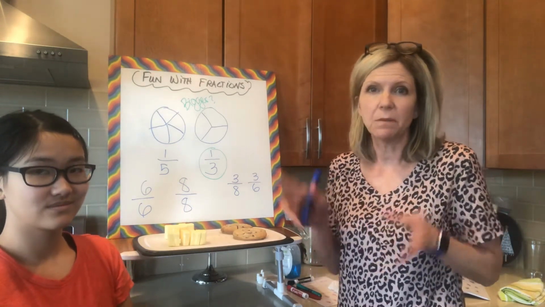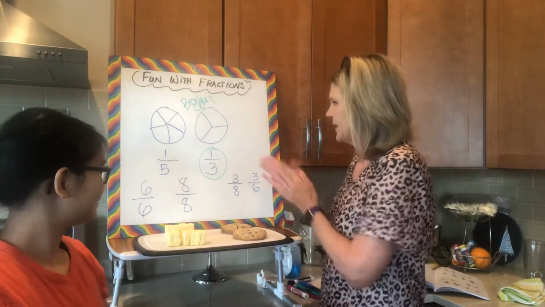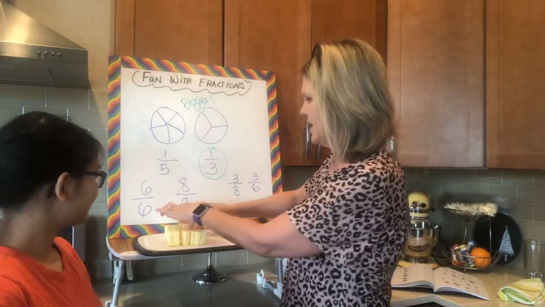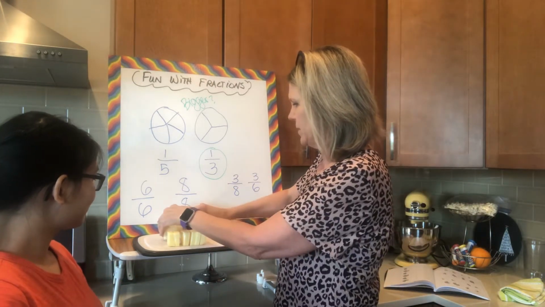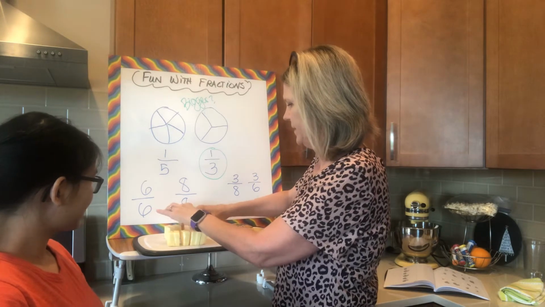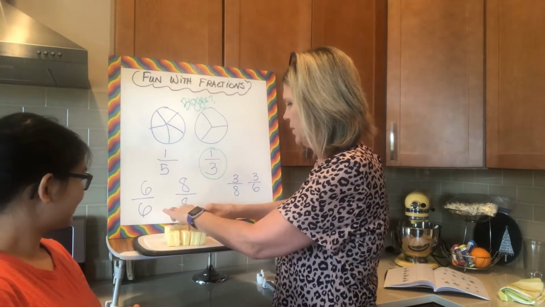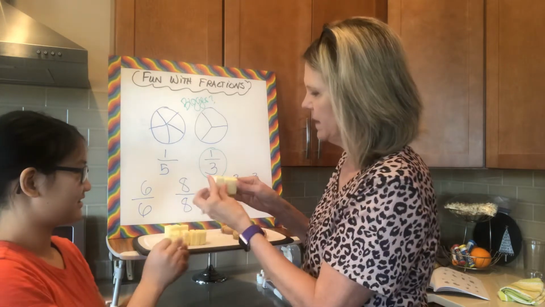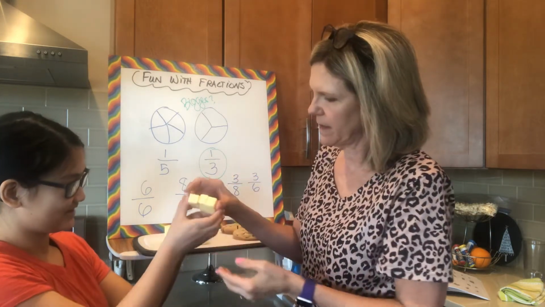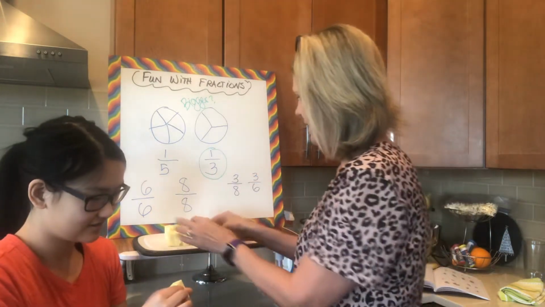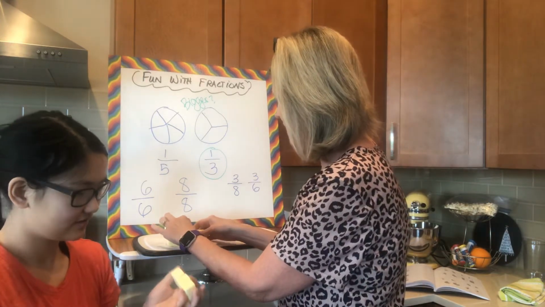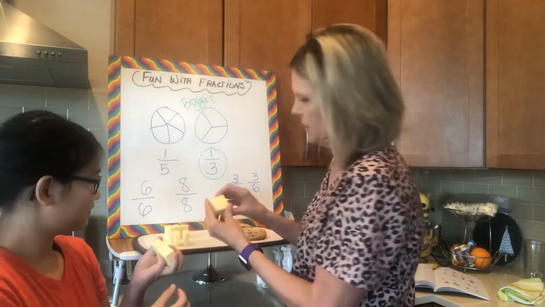I'm going to hand them to Ming Mei, and then she's going to show you. Okay, let's start with our 8ths. I'm going to give you 3 of those. Let's put them all together like that. Okay, that's one hand. And then 3 of my 6ths. There's 3 of those.